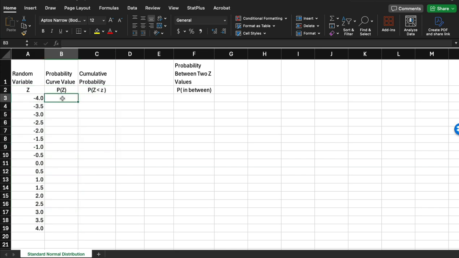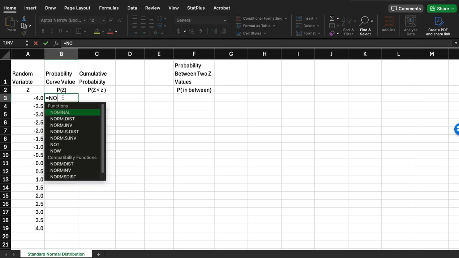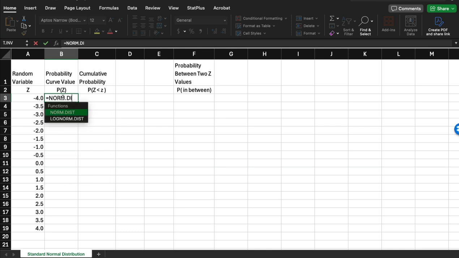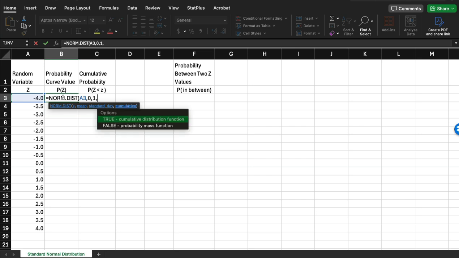So now that you've unpaused, we're going to continue to fill in these numbers so that we can create our graph. So in cell B3, we're going to type equals NORM.DIST, parenthesis, and then the value that we're interested in is A3, comma, and then the mean is 0, comma, and then standard deviation is 1, comma, and then cumulative is false.